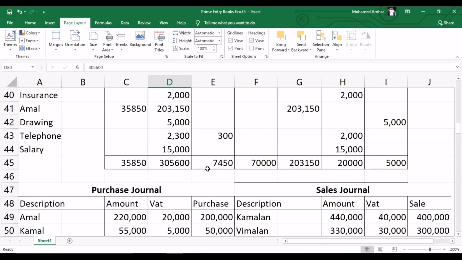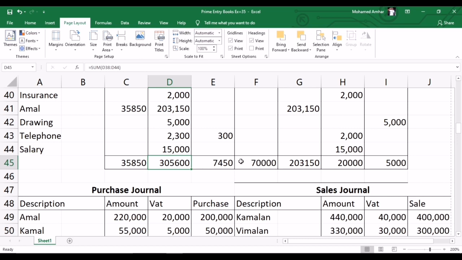Here the breaks are 7,450, 70,000, 203,150, 20,000 and 5,000. These are the breaks of this 305,600, which is already credited to the cash control account.